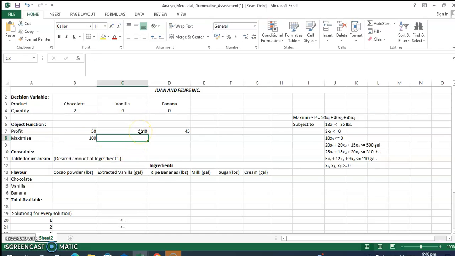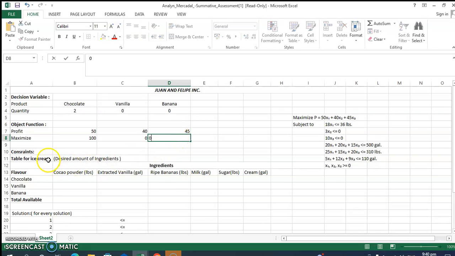And the next is for vanilla. So 40 times x sub 2, so 40 times 0, which is the value of x sub 2, is 0. So this will equal 0. And then next for the banana, 45 times x sub 3, and the value of x sub 3 is 0. So 45 times 0 is equal to 0.